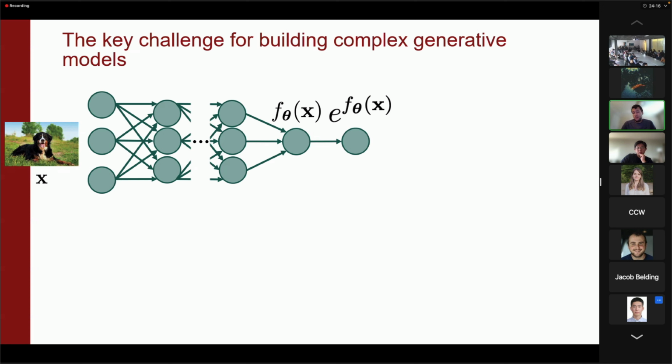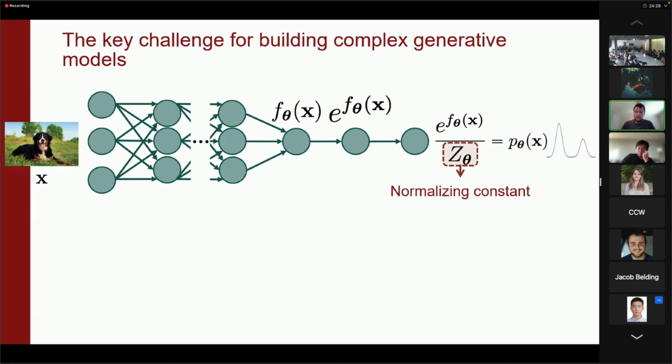One thing you can do is think of it as an energy-based model, or equivalently normalize by the normalization constant that you see there, the Z theta, the partition function, which is just the integral over all the possible inputs of the unnormalized probability. This defines a valid probability density function, and sometimes it's easy to compute.